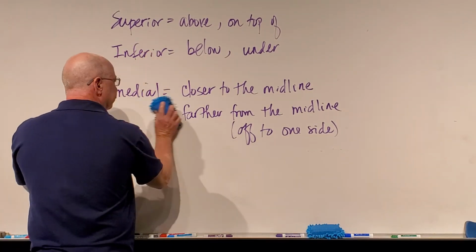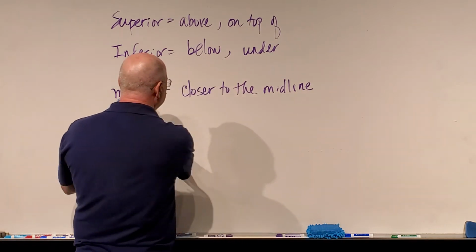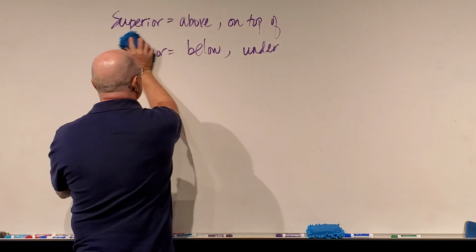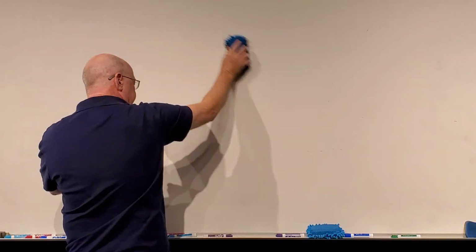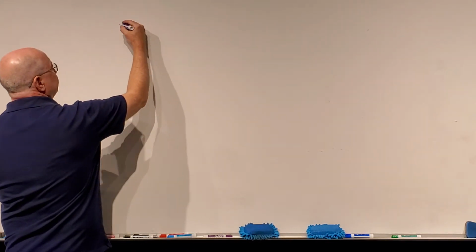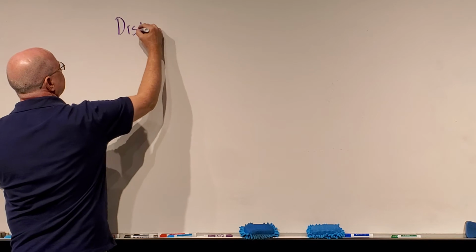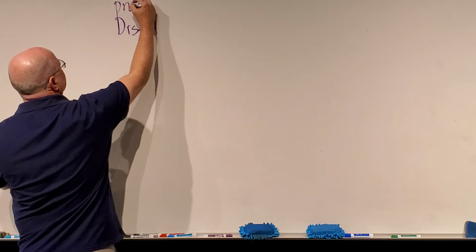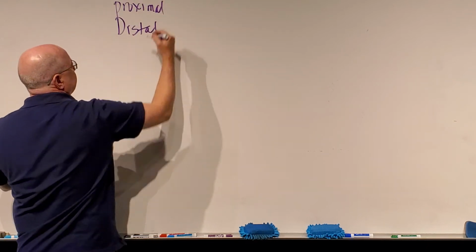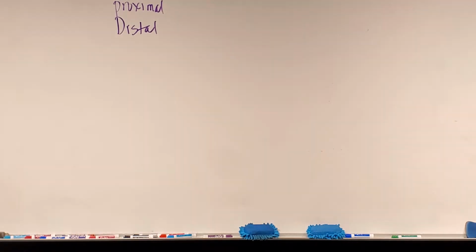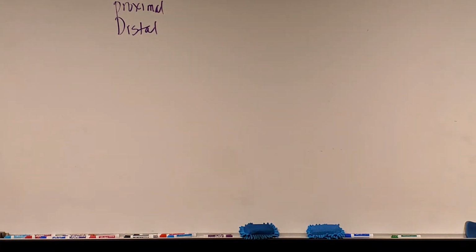Now the next two I'm going to throw at you tend to confuse people a lot. So please be careful, please pay attention, and please understand this. When I use the terms distal and proximal, okay? Let me make sure this appears on the screen. Sometimes I write a little too high on the board. Boy, I'm right at the edge of my camera.